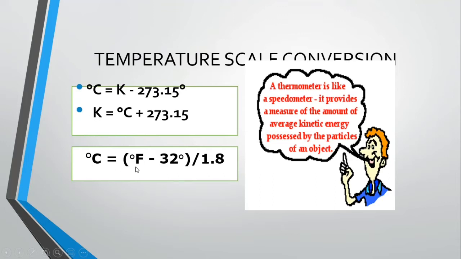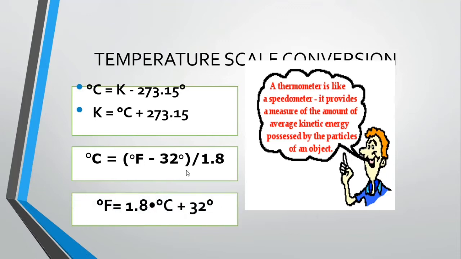And then for this one, if you're given Fahrenheit, subtract 32 from that Fahrenheit reading, divide by 1.8 and you will get degrees Celsius. If you're given degrees Celsius, multiply it by 1.8, add 32 and you will have degree Fahrenheit. But we will no longer convert temperature units in this subject.